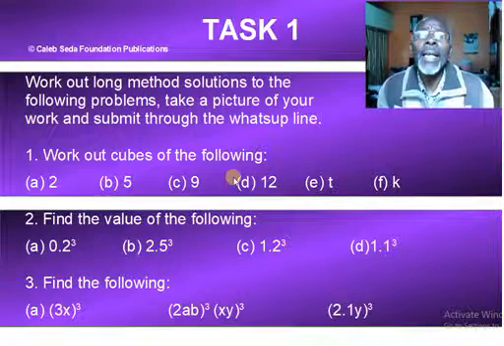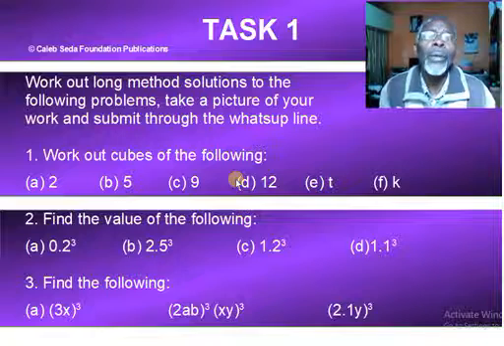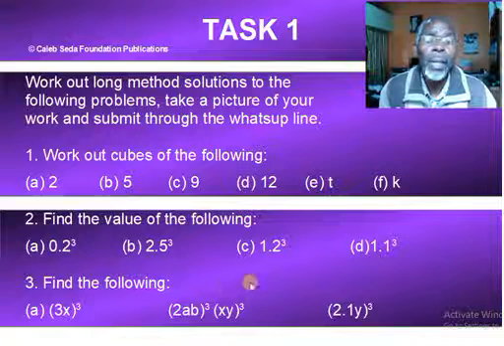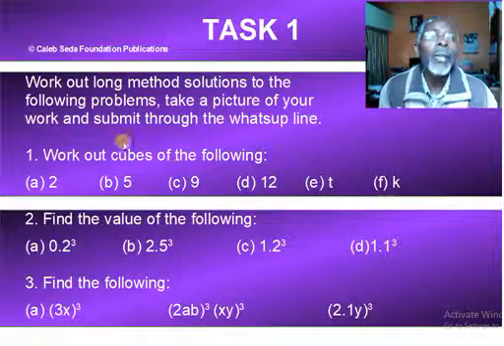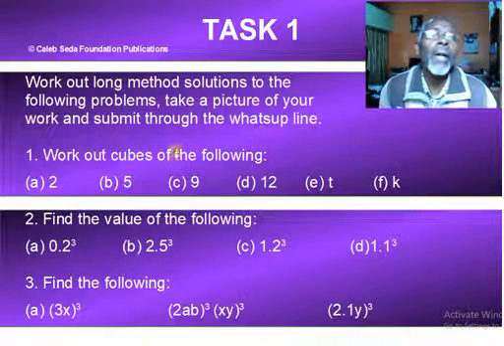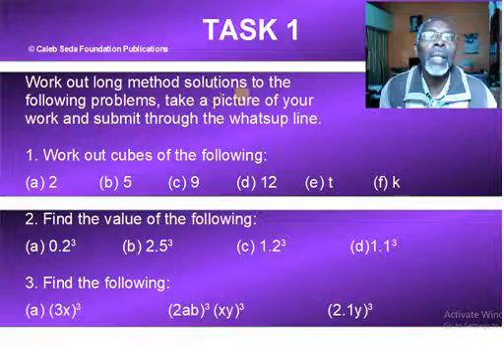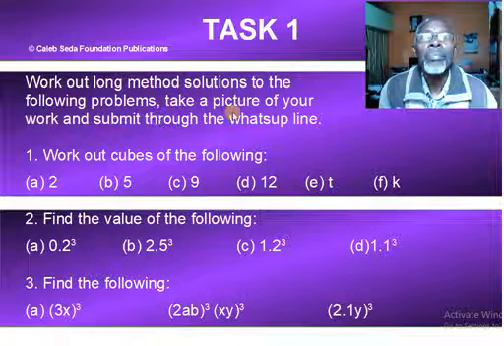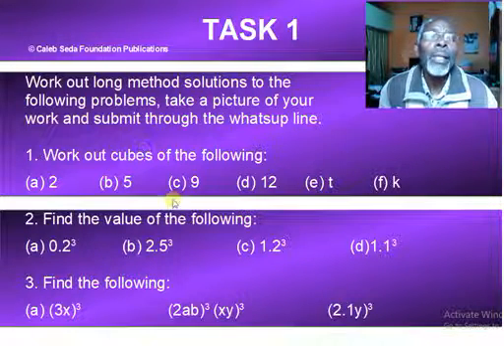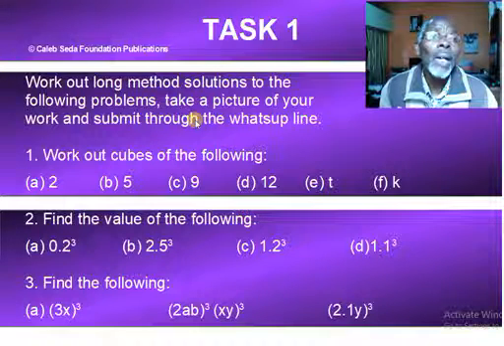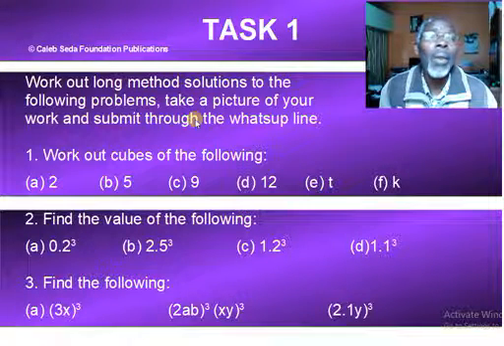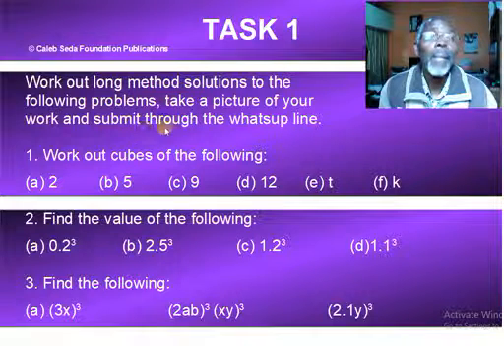You have a task here to help you develop more of the skills of the long method of getting cubes and really understanding the concept. In this particular task, you are going to work out, using the long method, cubes of some of these numbers, and then you take a picture of your work area where you've done your work in your book and submit.